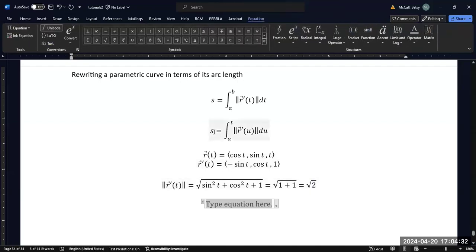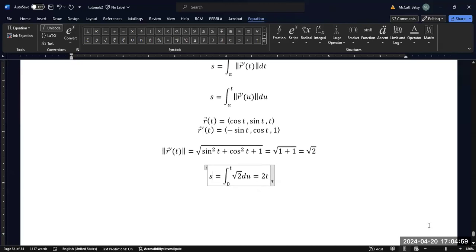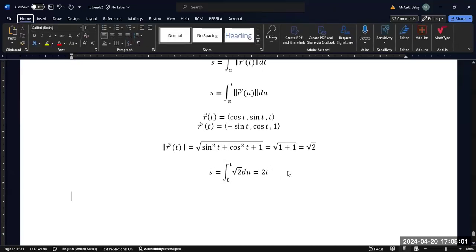So when we do this integral, and we'll start with 0 for our particular example, our arc length is just going to become the integral of the square root of 2. When I integrate this and plug in my limits, I'm just going to end up with the square root of 2 times t.